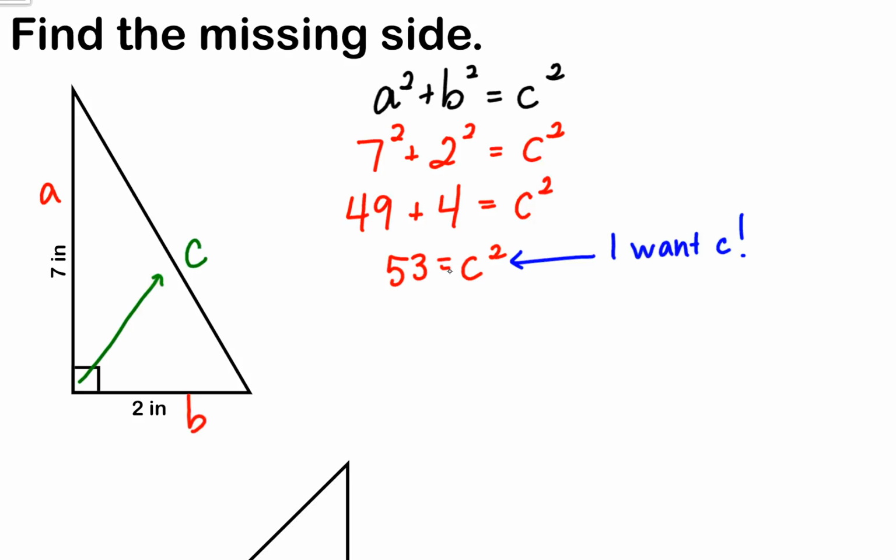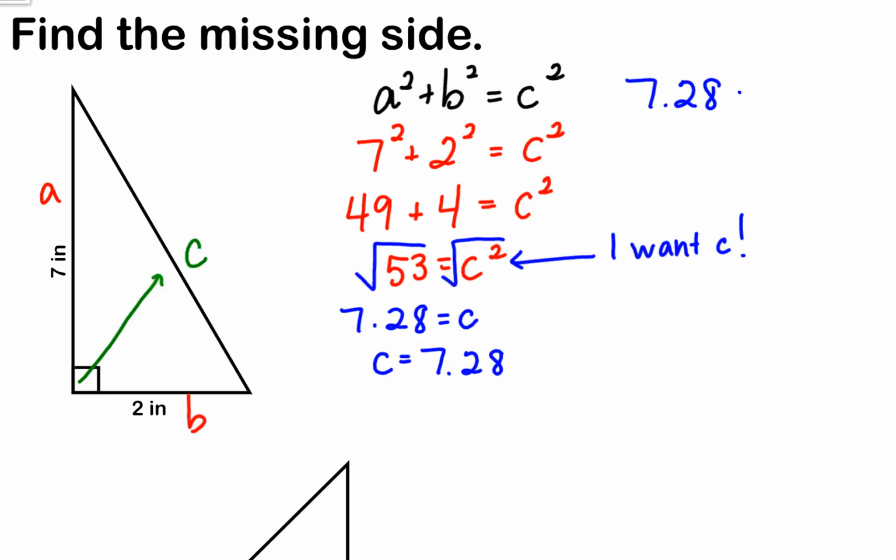So what I'll do is undo that squaring by taking the square root of each side. The square root is the inverse operation of squaring, and I'll get 7.28 equals c, or c is equal to 7.28. So my answer to that missing side length would be 7.28 inches, because I don't want to forget the units that they gave.